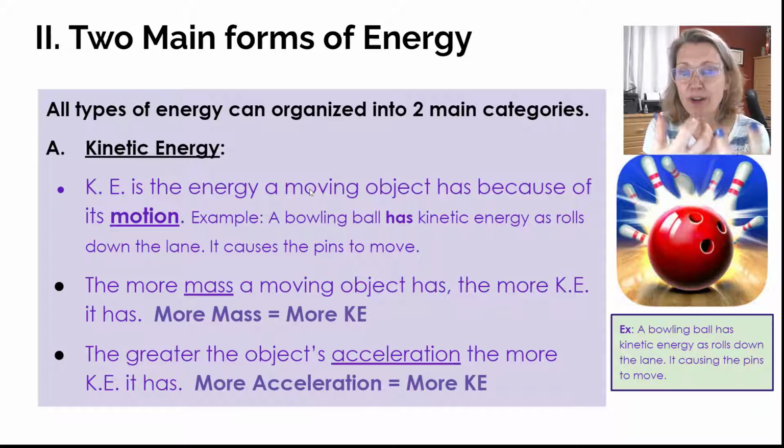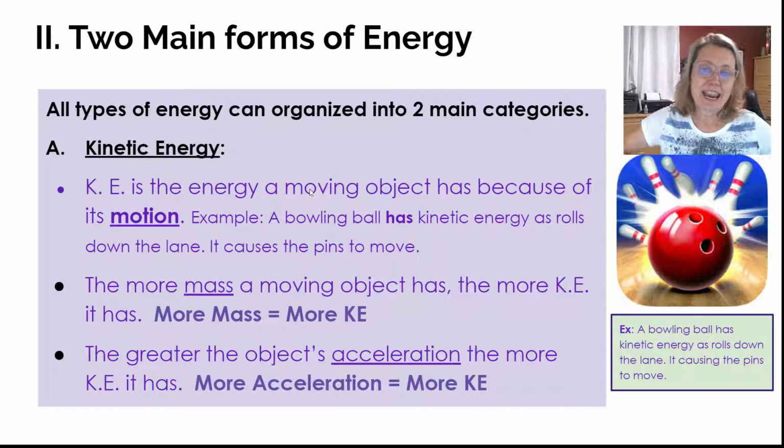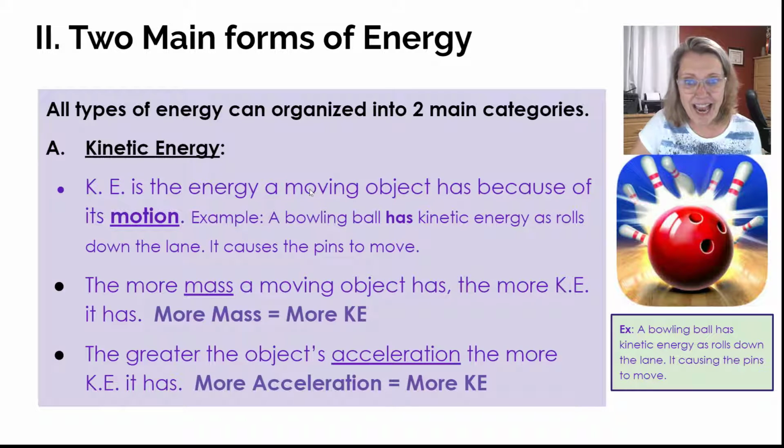So the greater the acceleration, the faster it goes, the more kinetic energy it has. So if I have maybe a 5-year-old going to the bowling lane and just pushes it down, he's not going to have as much kinetic energy as maybe the dad would have, doing a big run up and toss of the ball, right?